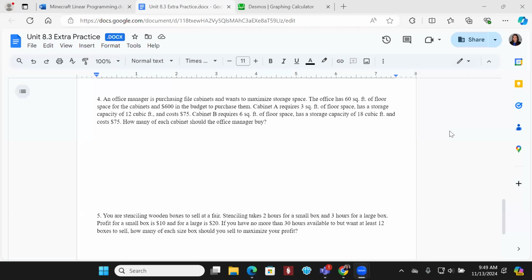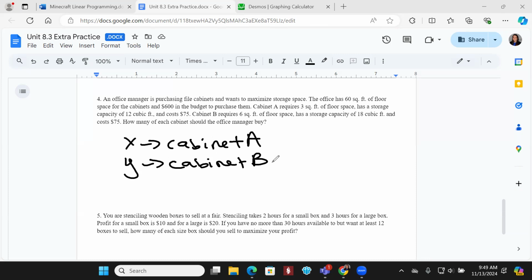All right, an office manager is purchasing file cabinets and wants to maximize storage space. 60 square feet of floor for the cabinets and 600 for the purchase. So we're talking about cabinet A and cabinet B, right? So X and Y. Good so far. For my visual people, we got 600 dollars, 3 square feet, 6 square feet.